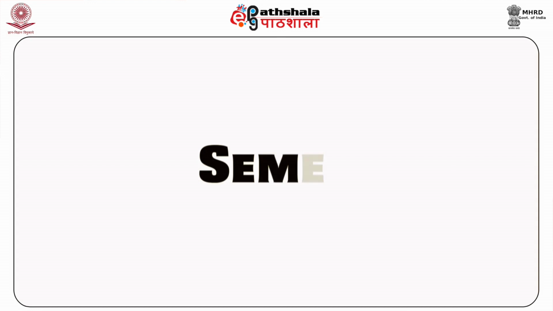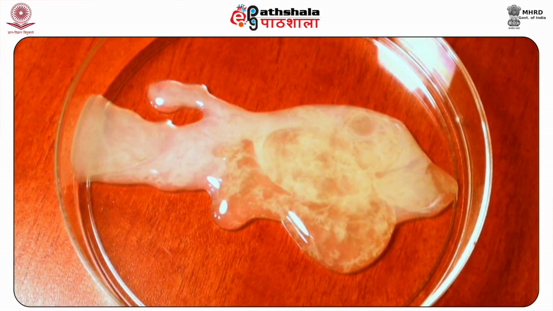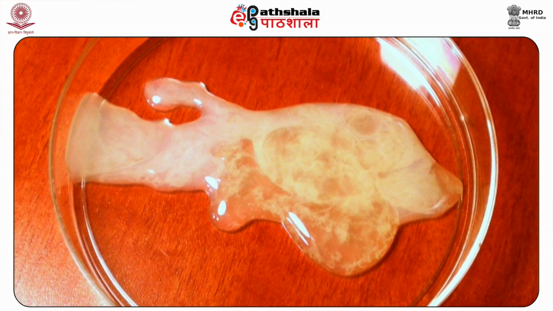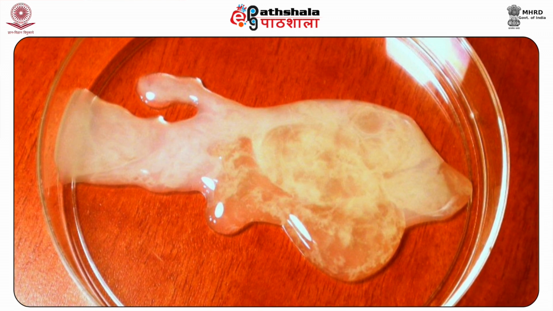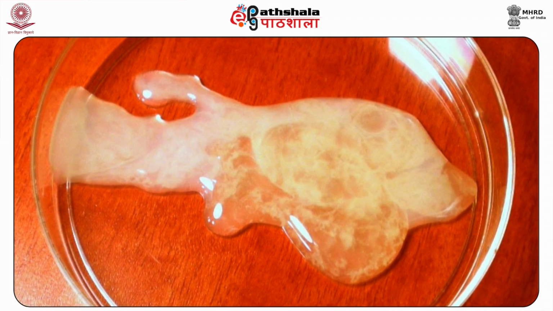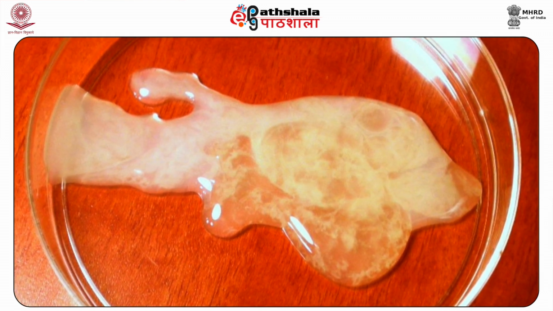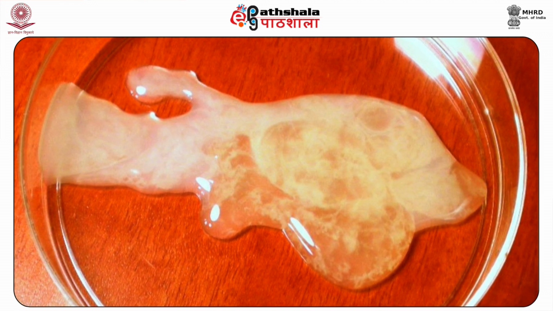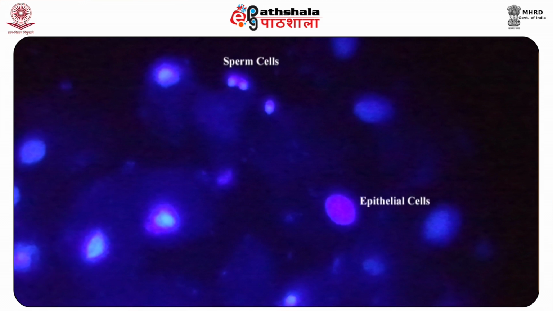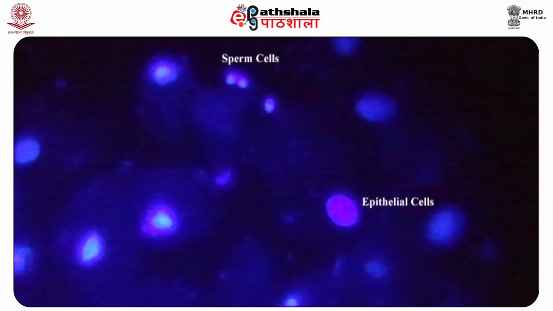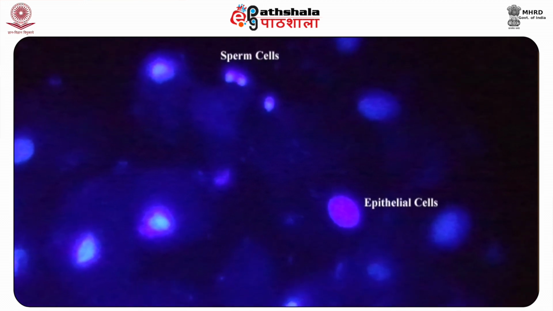Now moving on to semen. Semen is a thick, yellowish white, glary, opalescent secretion having a characteristic odor known as a seminal odor. The fluorescence of the seminal stains is of a bluish white color.